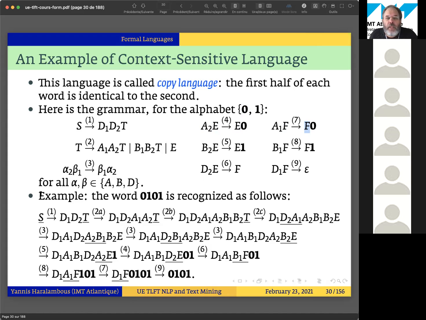So if you take some time and look at this, you will see a general method of applying these rules and pushing information to the left and obtaining the same expression on both sides. And you see how complex it is to obtain this very simple word 0101. So this is just an example.